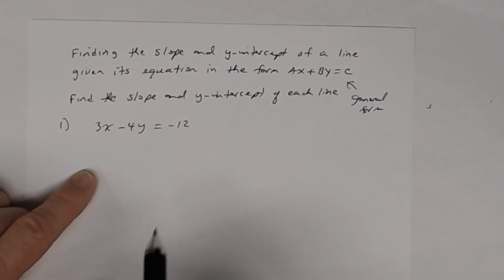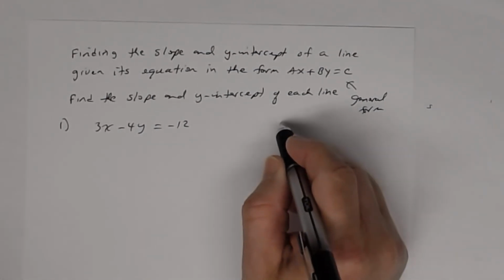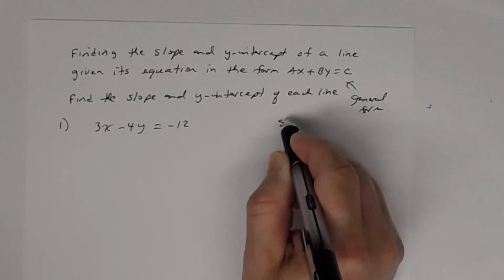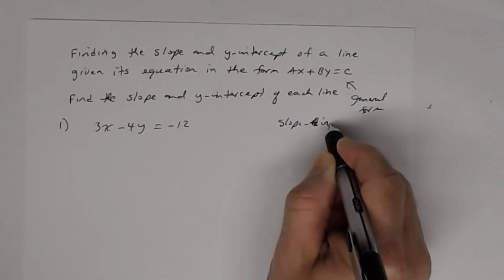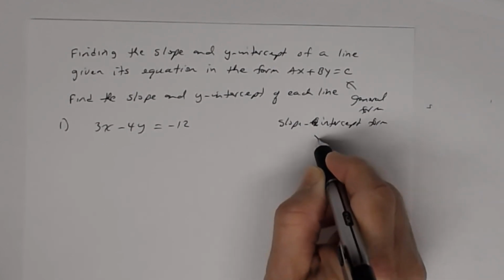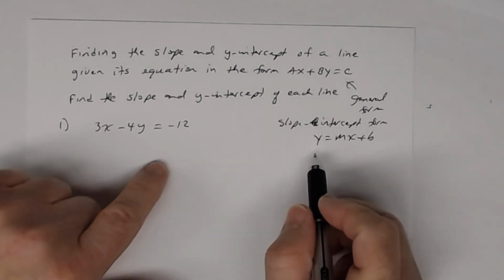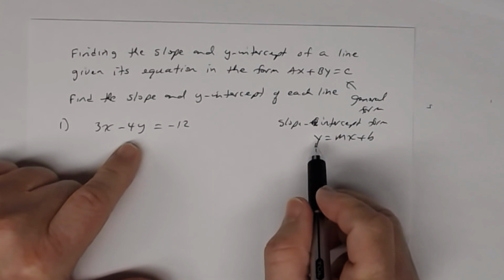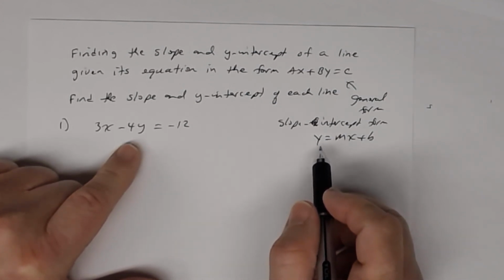But if you want to find the slope and the y-intercept, you all know about the slope-intercept form. So what you want to do is transform this into slope-intercept form. Remember, slope-intercept form is y equals mx plus b. So if you can get y by itself, then you can easily determine the slope and the y-intercept.